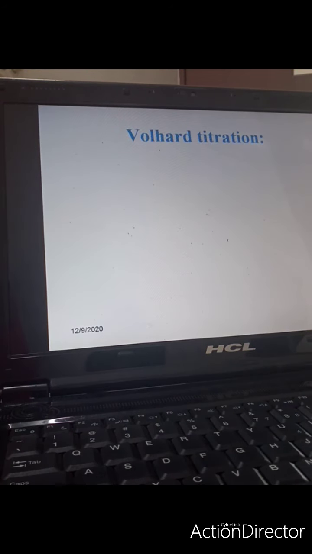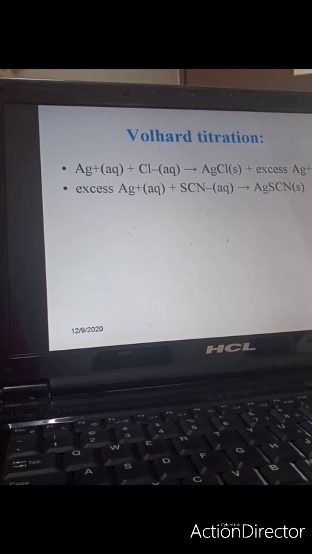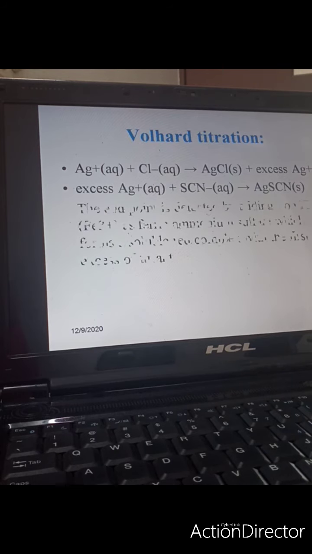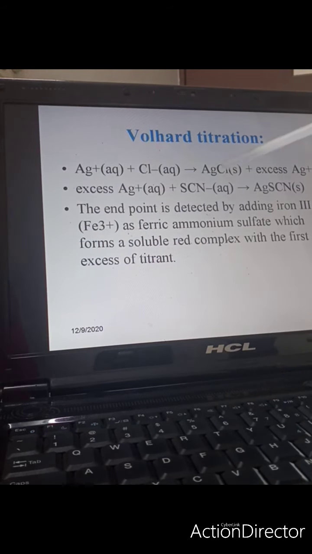Next precipitation titration is Volhard's titration. In that also we are using silver nitrate, but we'll be using silver nitrate in excess, and we will be adding it in the same conical flask which has the chloride ions. So when we add silver nitrate directly to the chloride ion flask, it will give you a white precipitate of silver chloride, and excess silver ions will be left. This excess of silver ions will now be titrated with thiocyanate, which we will be using as a standard in the burette.